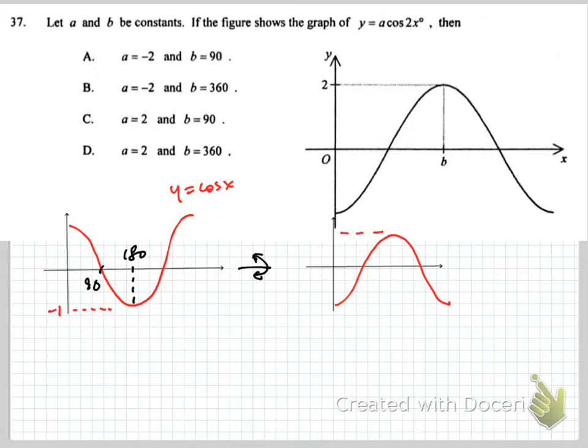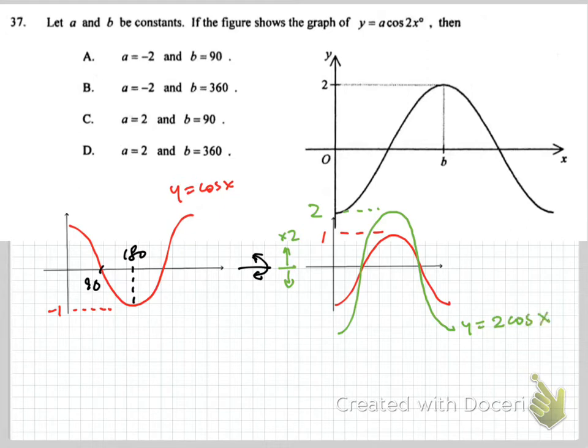Alright, and then you stretch it up 2 times. You stretch it 2 times. Alright, so that it becomes something like this. Okay, so now the highest point is now 2. Alright, what used to be 1 is now becoming 2. So the green one will be y is twice cosine x.